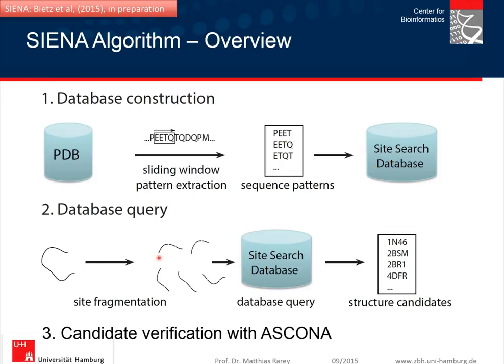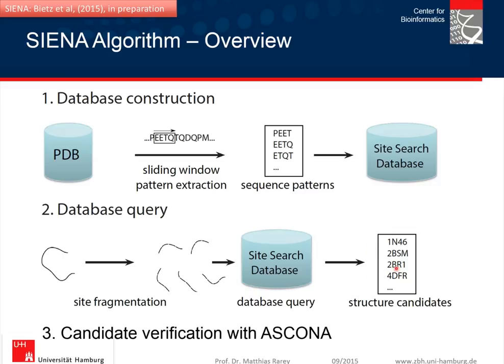Now, with this, we can start with the binding site of interest we have. We do a site fragmentation, so we put this into smaller pieces. And these small pieces can be used now to look up this database of small sequence patterns. And this gives us immediately a list of the PDB codes which have a high portion of the small sequence fragments we see in the binding site we are interested in.